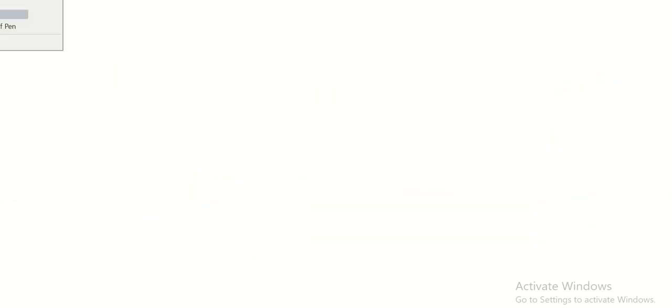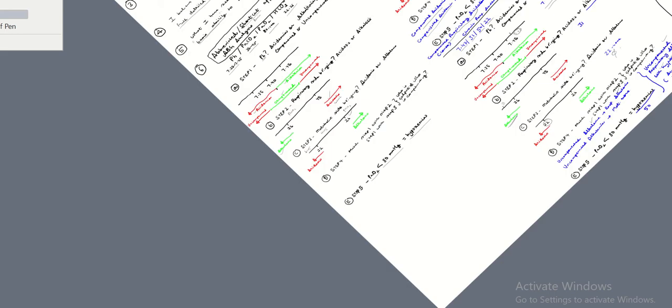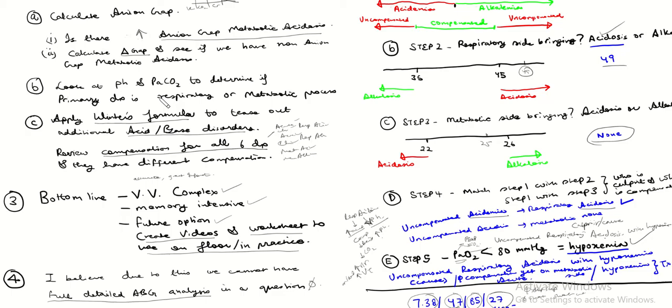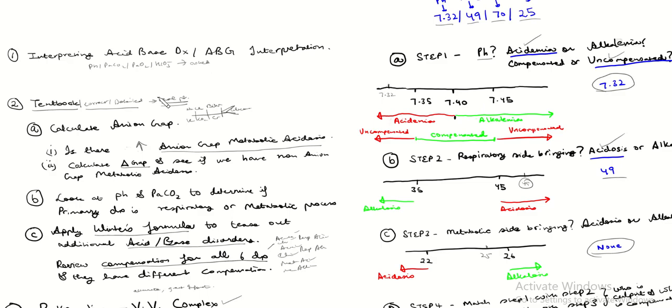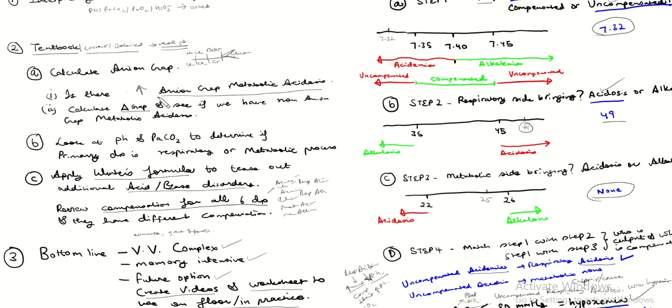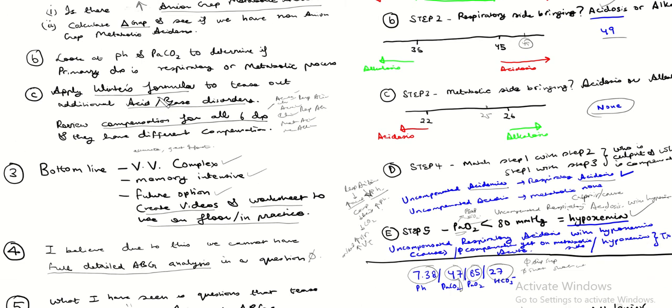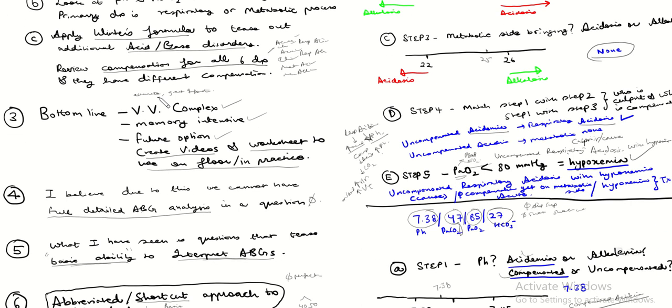So let's do a quick recap on what we did. We talked about arterial blood gas interpretations. We looked at the textbook way, and we know that we shouldn't be expecting a full detailed ABG analysis as a question on our formative exams and on the board exam.